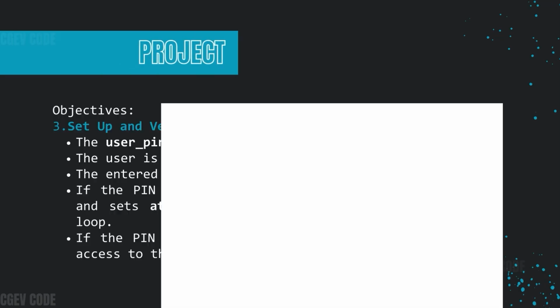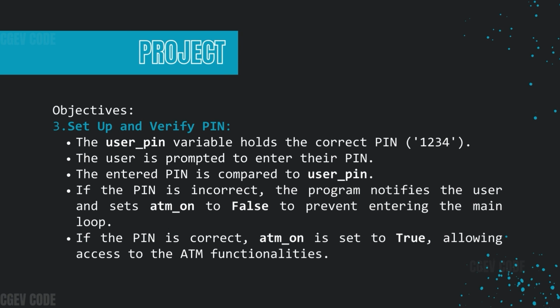Okay, now let's look at what we have to do next. The entered PIN is compared to user PIN. If the PIN is incorrect, the program notifies the user and sets ATM1 to false to prevent entering the main loop. If the PIN is correct, ATM1 is set to true, allowing access to the ATM functionalities. Okay, I think we can handle this.